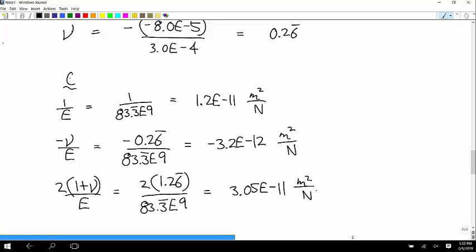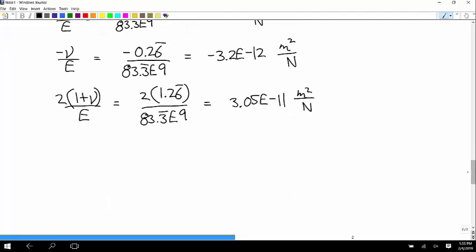Are you like, wow, that was compliant? If that's not your first thought, then those values should be small. On the other hand, if you filled out the compliance matrix and then took the inverse of it and got the stiffness matrix, would you expect those values to be big or small? Those are big. Exactly.